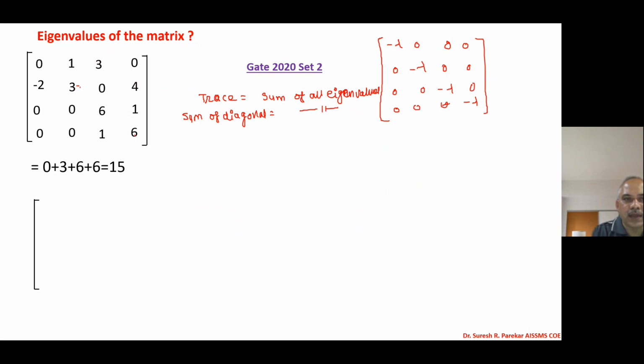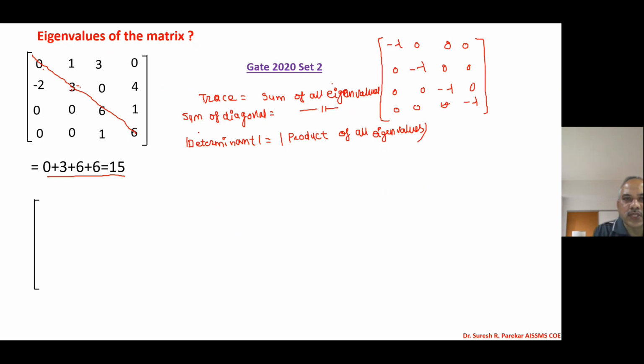Now what is the sum of diagonals? What is the value of trace? So we have trace as 0 plus 3 plus 6 plus 6, that is the addition of the diagonals, which is 15. And another criterion is that the determinant is equal to the product of all Eigen values.